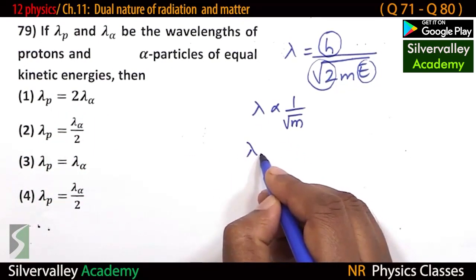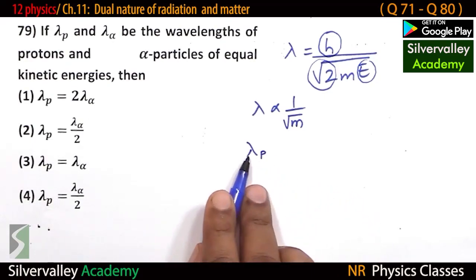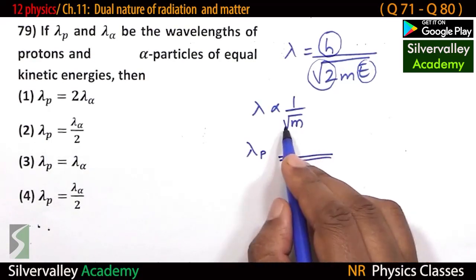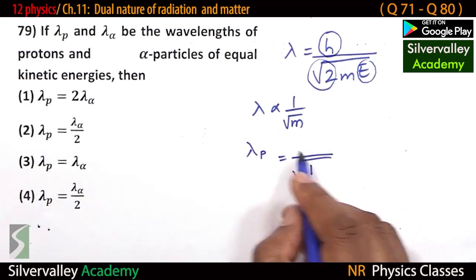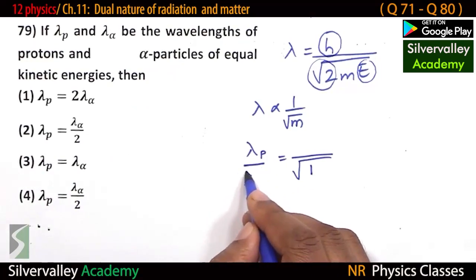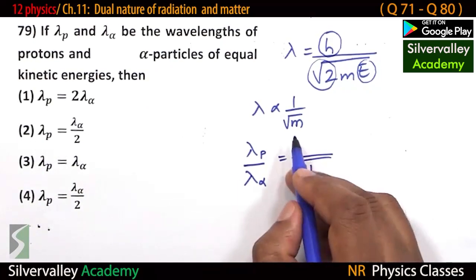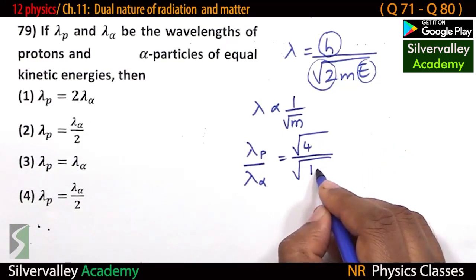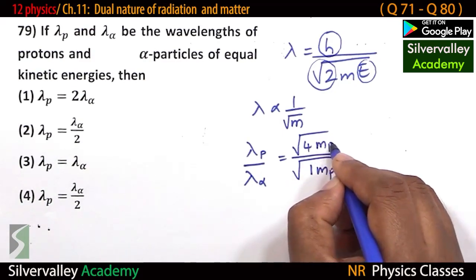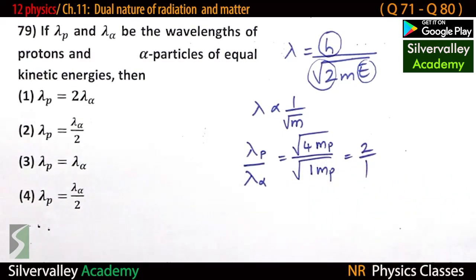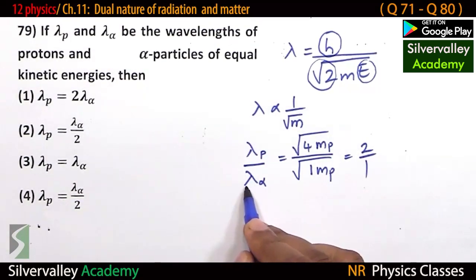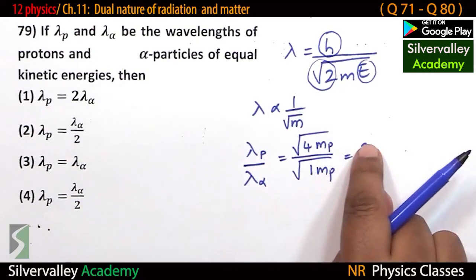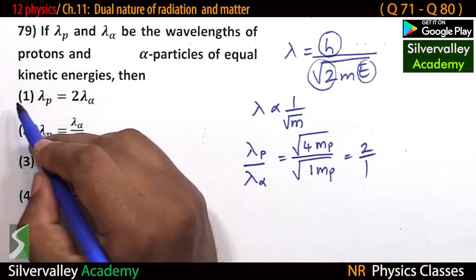For proton, let the mass be 1 unit. For alpha, the mass is 4 times the mass of proton. So it is root 1 to root 4, which is 1:2 in mass terms, so lambda proton to lambda alpha is 2:1. Lambda proton is 2 times the wavelength for alpha.